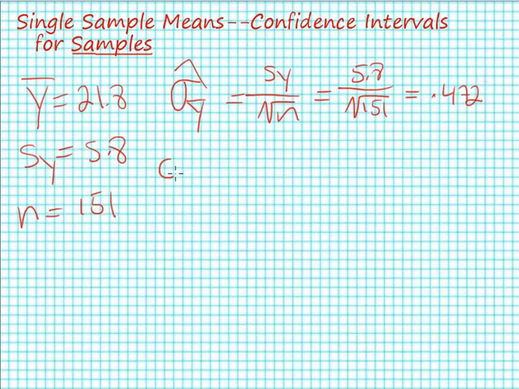Our confidence interval, and here I'm using a 95% confidence interval, is going to be equal to our parameter estimate of the mean, so y bar, plus or minus our standard error, sigma hat sub y bar, times some kind of Z or T score.